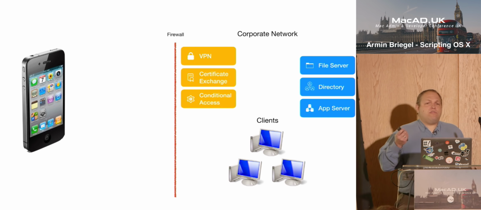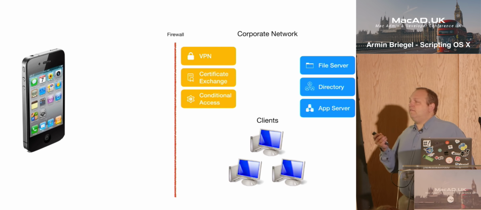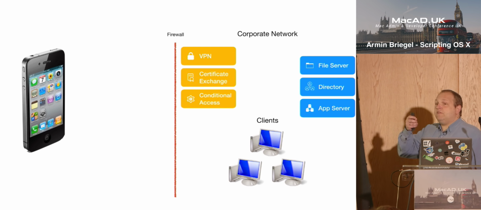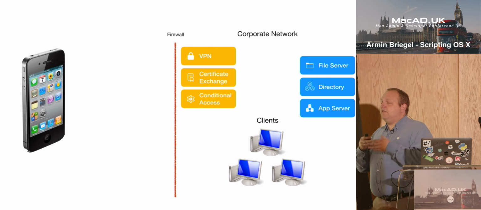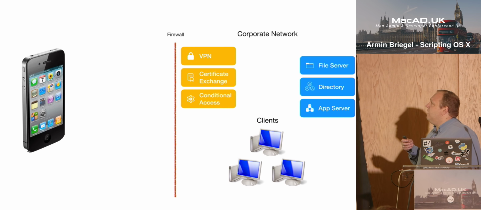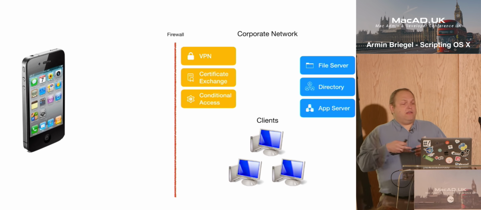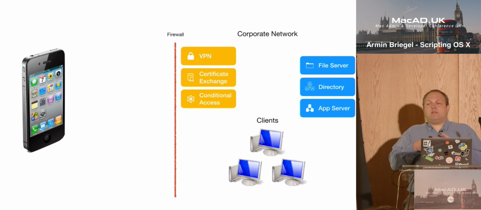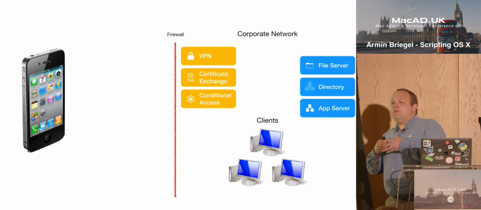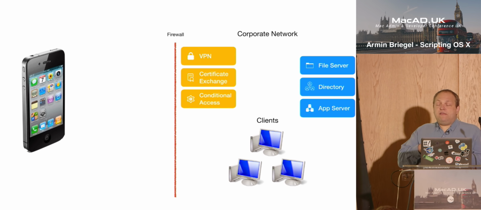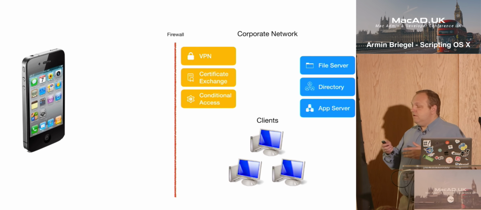And then we added other things, like certificate exchanges, like SCEP and ADCS, to get the certificates out there, to make the connection even more secure and encrypted. And then technologies like conditional access that would check on that even more and lock down control and access to the things behind the firewall. And these things worked well.